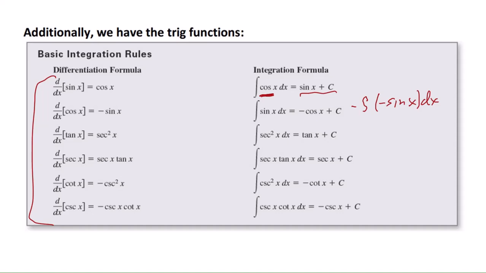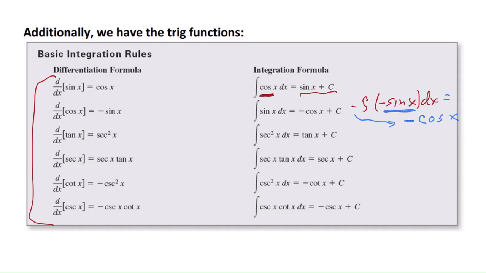And now this sine x is the derivative of cosine x. And so what I've got here is just going to turn into cosine x, but that negative has to come out here. So that's why it's written the way it is.